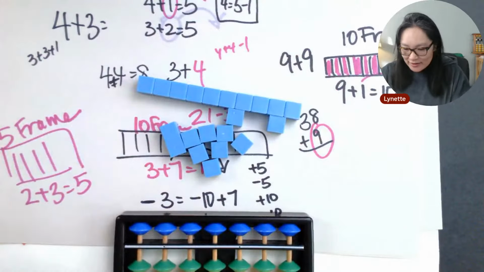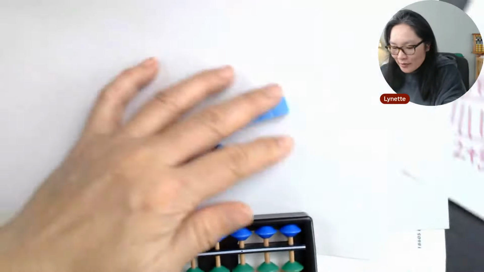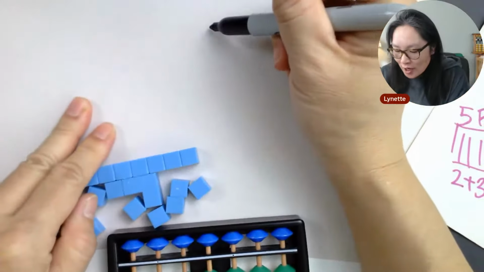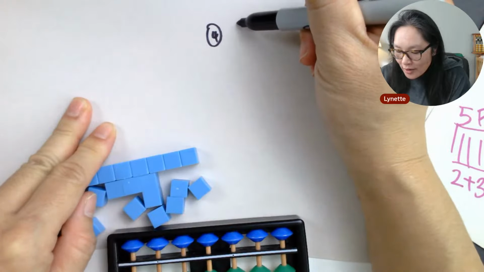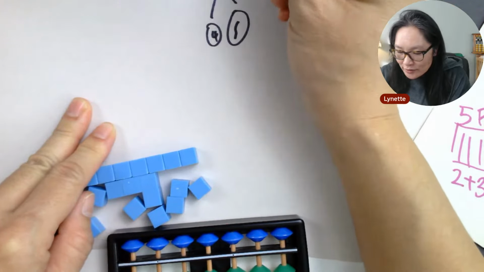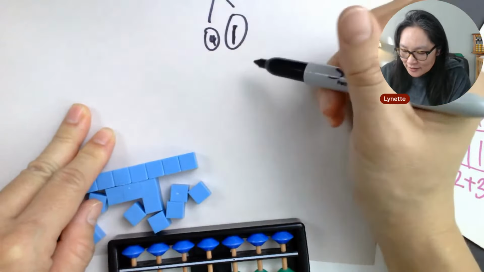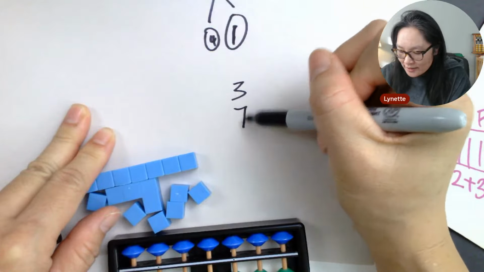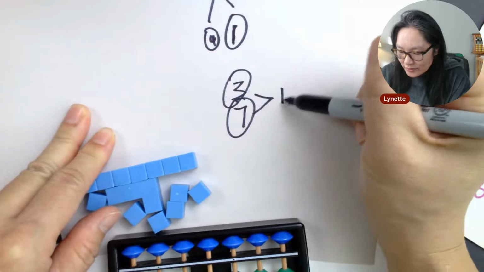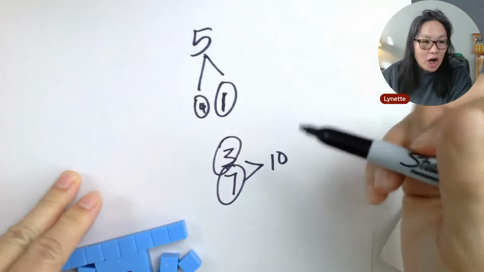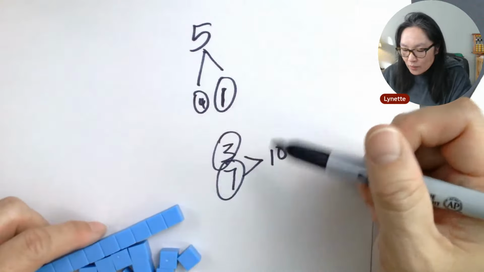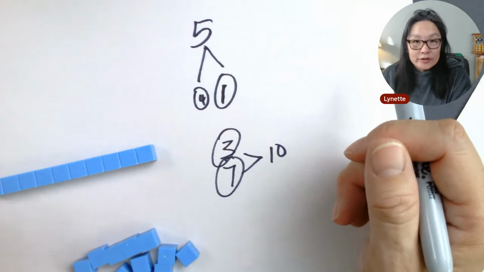We know the number bonds. The kids are taught number bonds. 4 and 1 is equal to 5, right? Or 3 and 7 is equal to 10, right? They're taught this. But on the abacus we take it one step further.